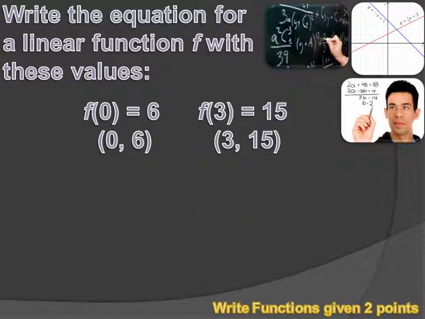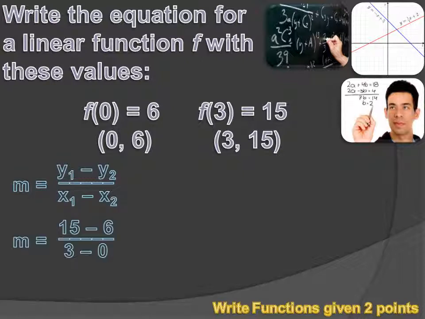Well, now we've got 2 points that are on the line, and we can calculate the slope and the y-intercept. The slope is the change in the y's divided by the change in the x's, or 15 minus 6 divided by 3 minus 0, or 9 divided by 3, or 3. So our slope is 3. How about our y-intercept?